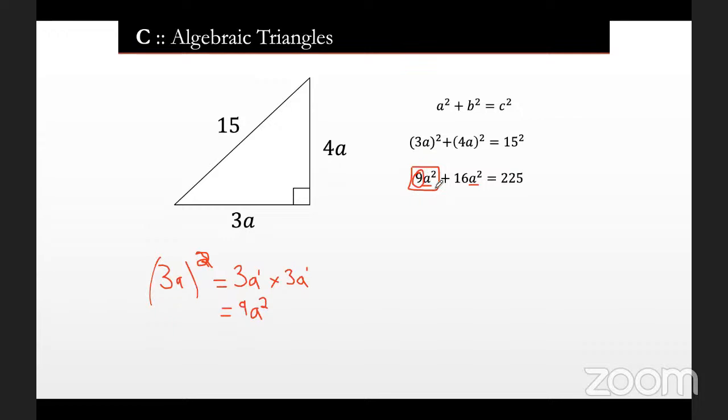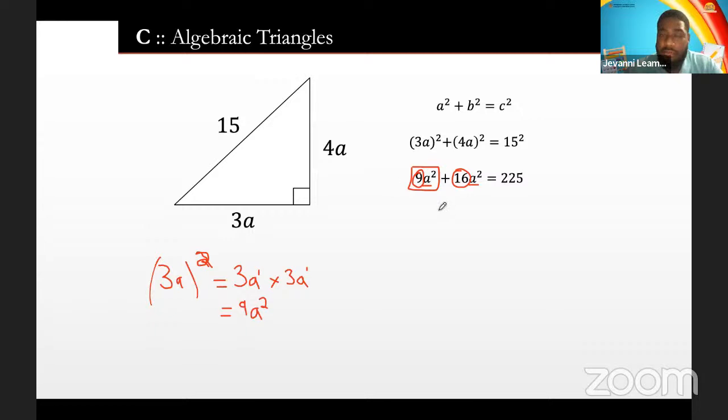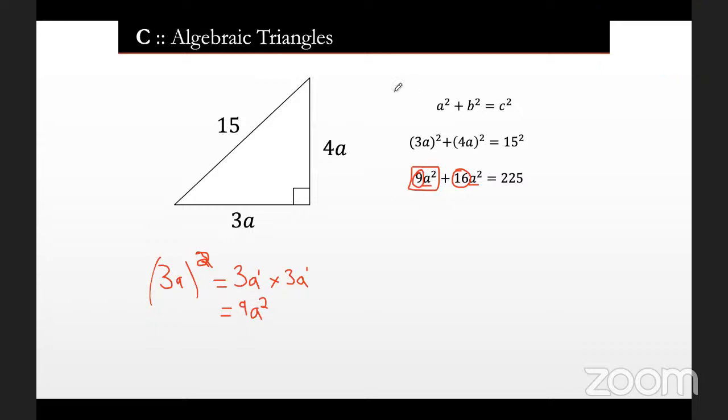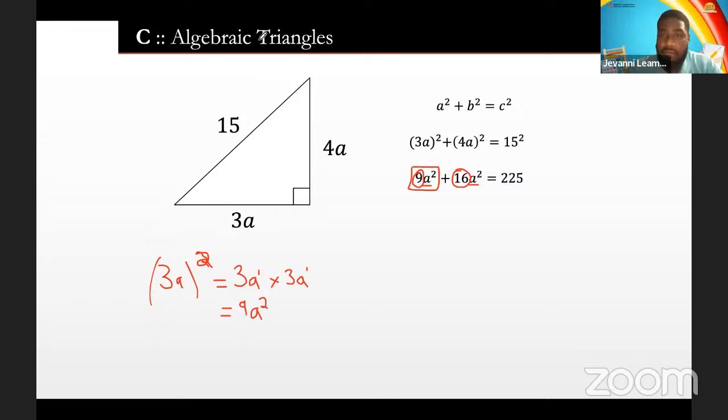So that's the coefficient of it. We have 9 of them. How much are we adding then? 16. So if you have 9 a squareds and 16 a squareds, how many do you have in total? Troy said 25. All right, and that would be 25a squared.